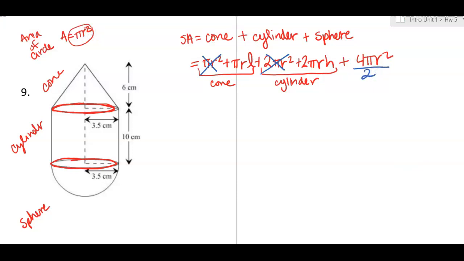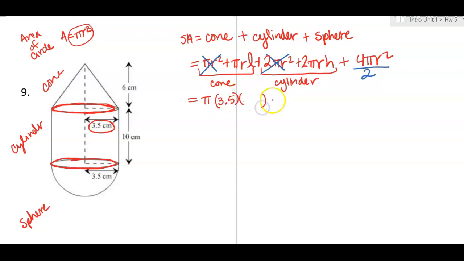So now if I go ahead and plug into these, for my cone, I want pi times r times L. The radius of the cone is going to match this radius of the cylinder right here, which is 3.5, which is also the radius of the sphere.